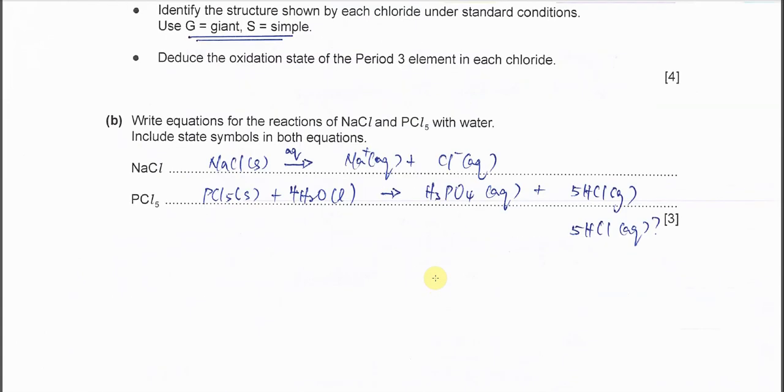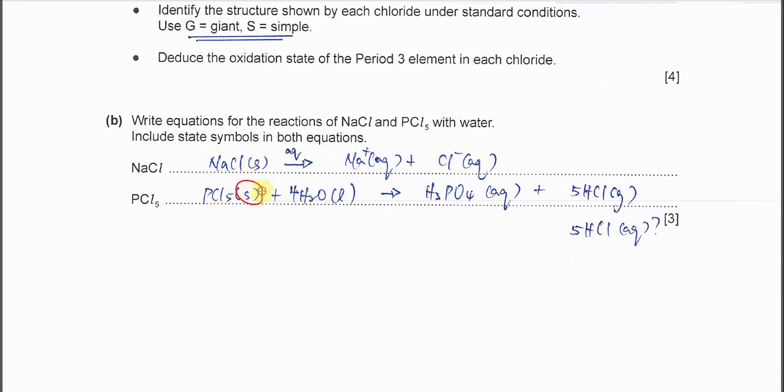Part B, write equations for the reactions of sodium chloride and PCl5 with water. Include the state symbol. Sodium chloride, you just put NaCl solid, with aqueous, form these two ions in aqueous, sodium ion and chloride. Okay, PCl5 with water.